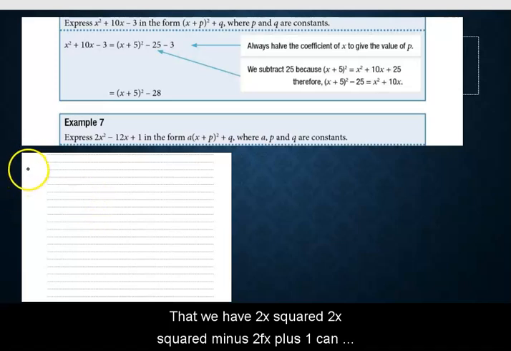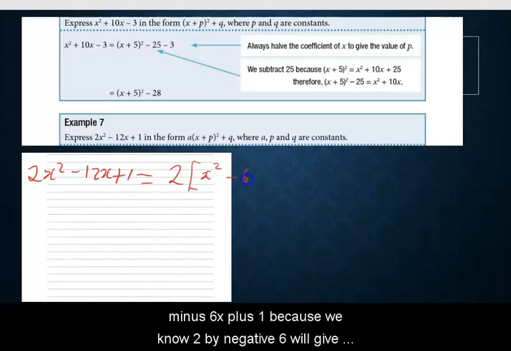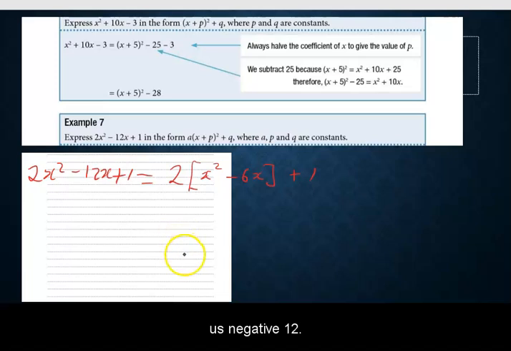2x squared minus 12x plus 1 can be written as 2 into, we are going to have x squared minus 6x plus 1, because we know 2 by negative 6 will give us negative 12.